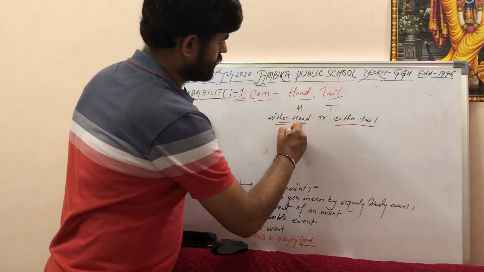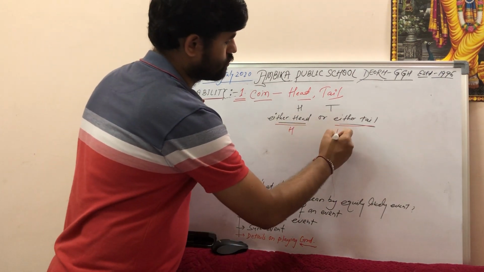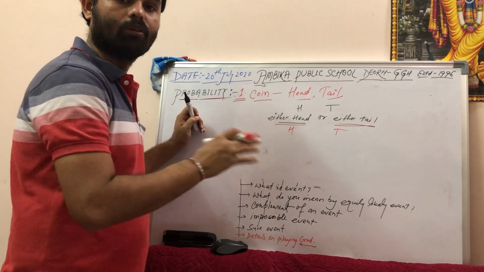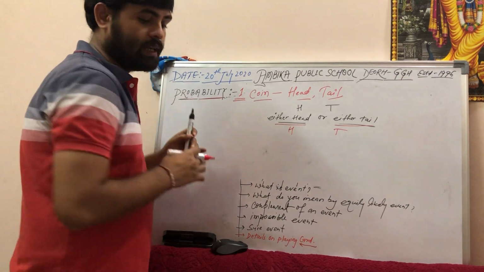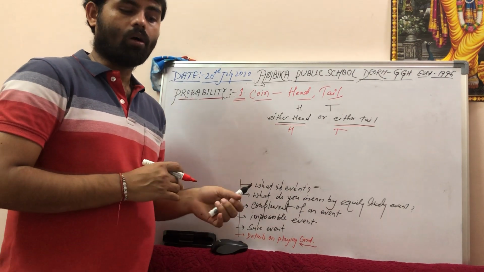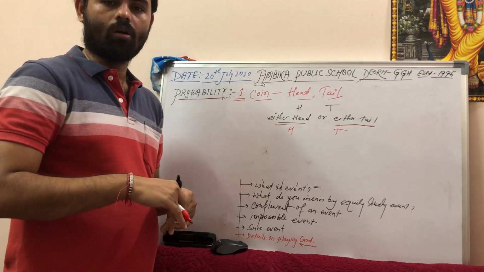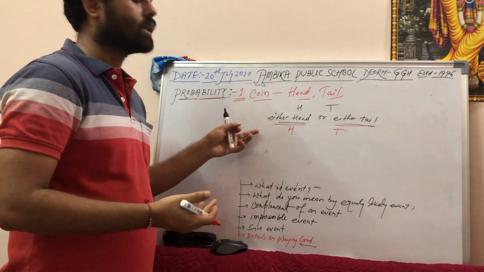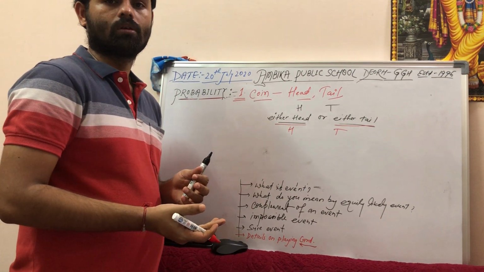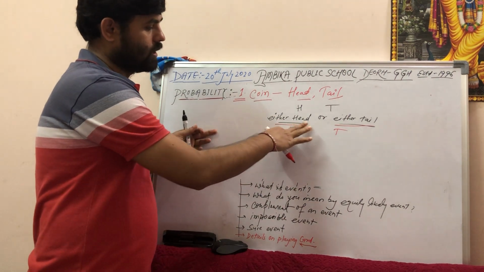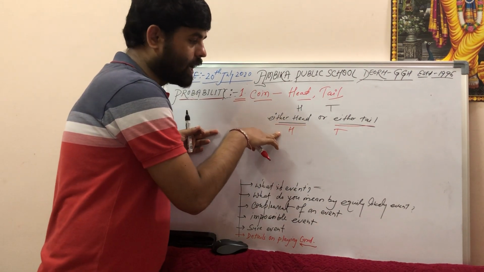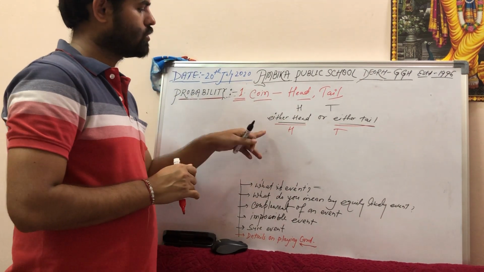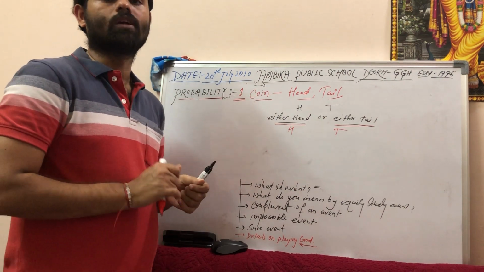The first toss might come tail. I cannot say tail will not come and only head will come. That is not possible. So when the outcomes, head and tail, have an equal chance to come, that is called an equally likely event. The chances of head and tail are equally distributed.